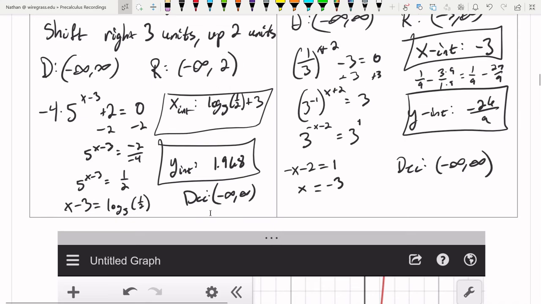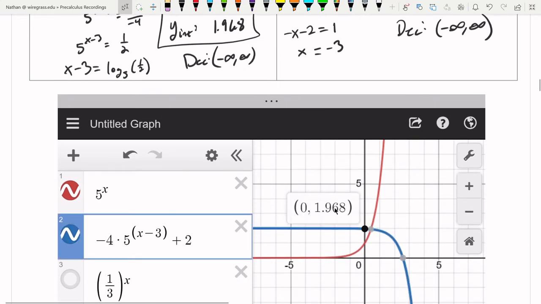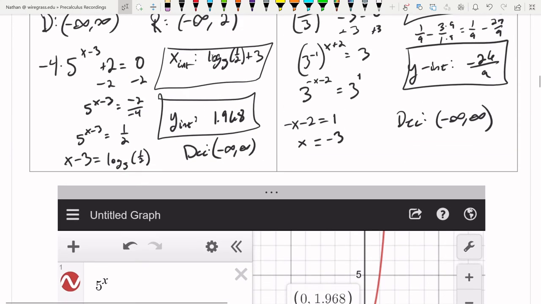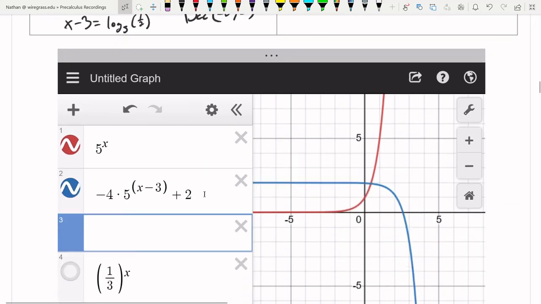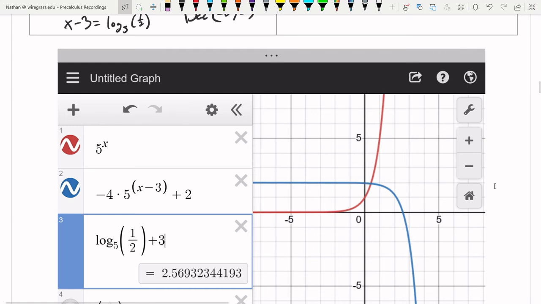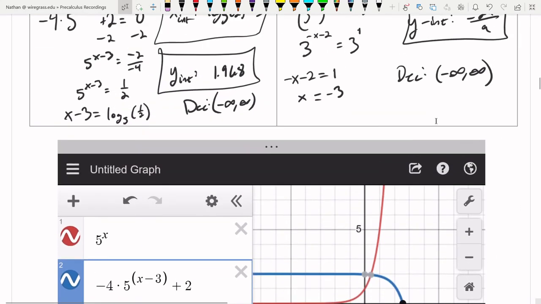The y-intercept was at 1.968, same thing I found there. And the x-intercept, let me calculate this on Desmos here. That's what I calculated for the x-intercept, and the x-intercept here is 2.569. So I got the same number as they have here. And of course, it's decreasing on its entire domain, as I said right there.